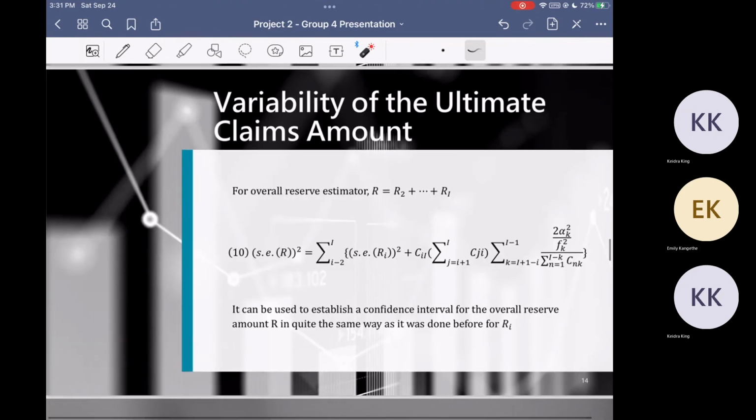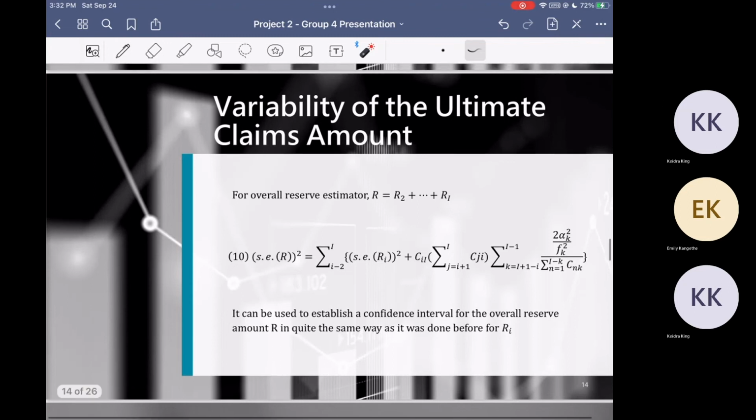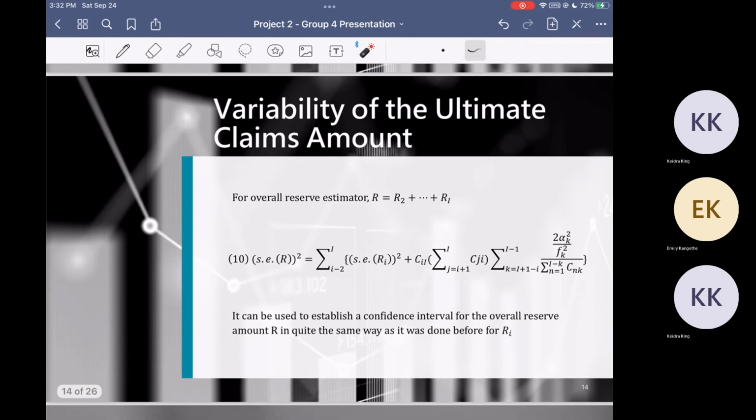The last formula we have is for the overall reserve estimator, R equals R2 all the way up to R matured I. We have the standard error of R squared. This is a very long formula, but I think we can get the gist of it. It can be used to establish a confidence interval for the overall reserve amount R in quite the same way as it was done before for Ri.